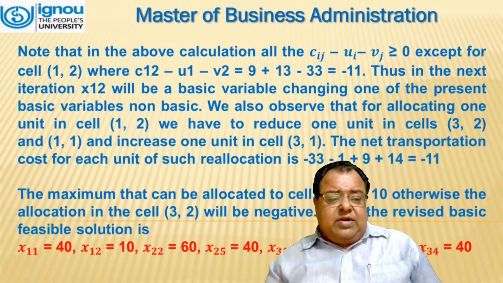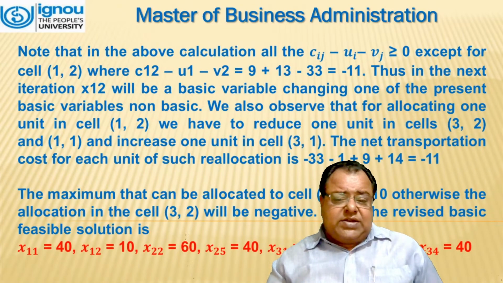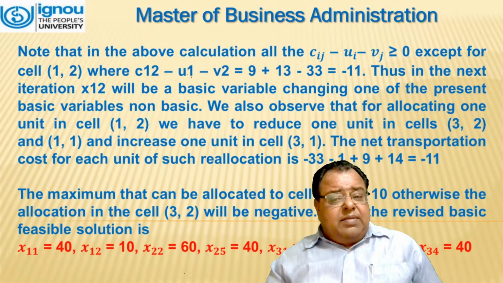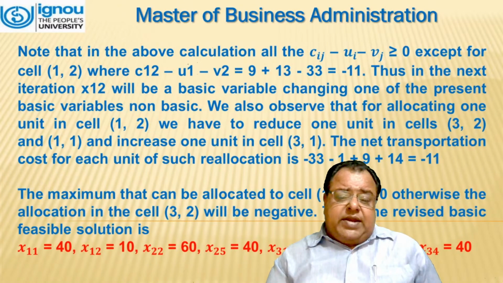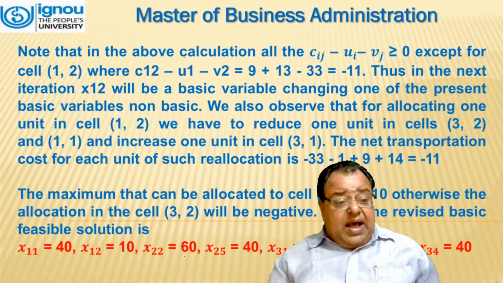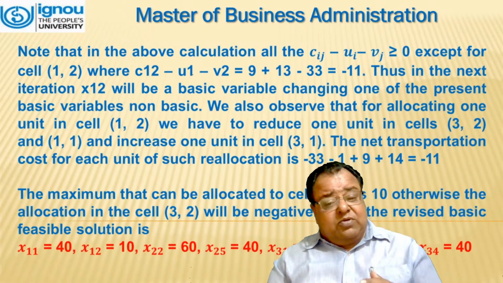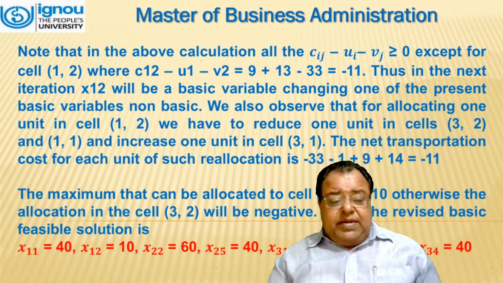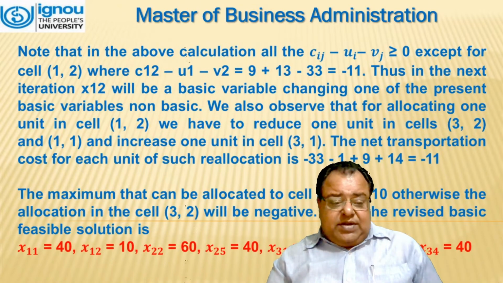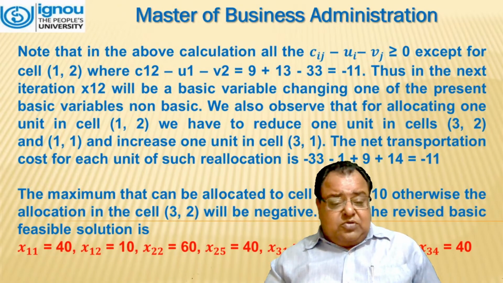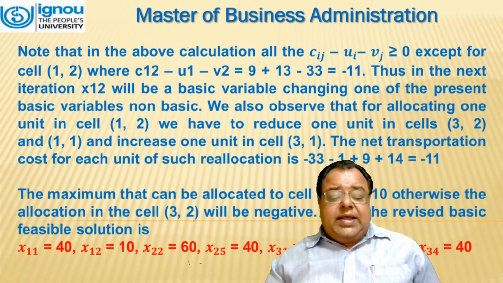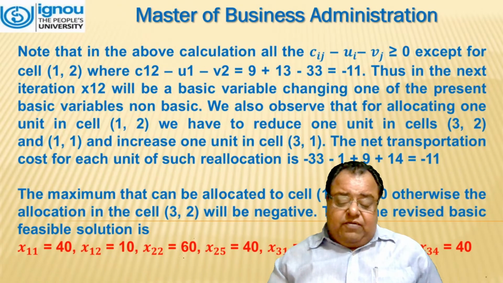The net transportation cost for each unit of such reallocation is minus 33 minus 1 plus 9 plus 14, which comes out to be minus 11. The maximum that can be allocated to cell 1,2 is 10. Otherwise, the allocation in cell 3,2 will be negative. That means the revised basic solution will be x11 40, x12 10, x22 60, x25 40, x31 60, x33 50, and x34 40.